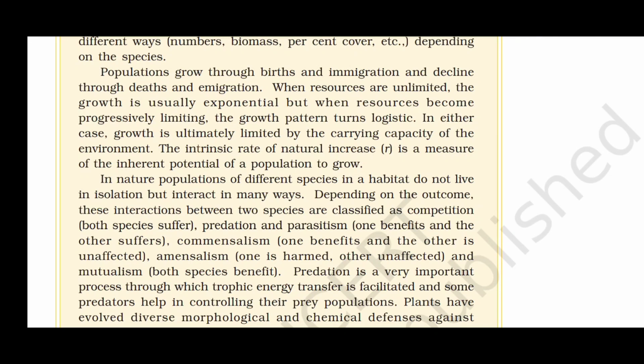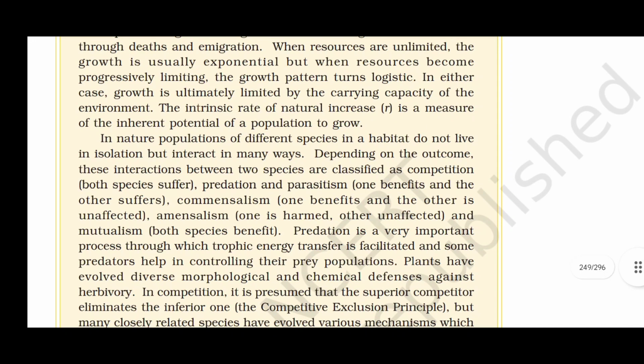When resources are unlimited, the growth is usually exponential, but when resources become progressively limiting, the growth pattern turns logistic. In either case, growth is ultimately limited by the carrying capacity of the environment. The intrinsic rate of natural increase, r, is a measure of the inherent potential of a population to grow.